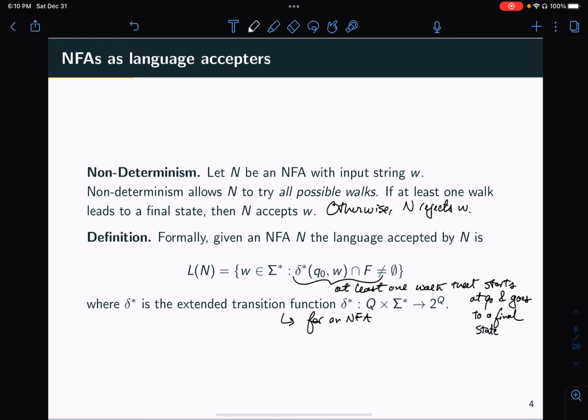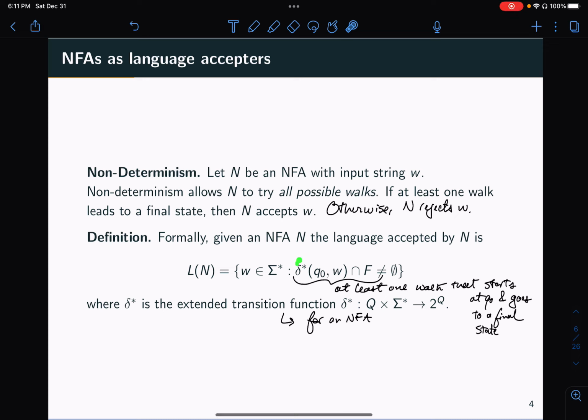Okay, so why does this natural language description correspond to this set theoretic version? Well, that's because all this is saying is, give me all of the states that can be reached from Q0 while reading W, right? So this is a set of states, okay? And intersect that with the set of final states, okay?